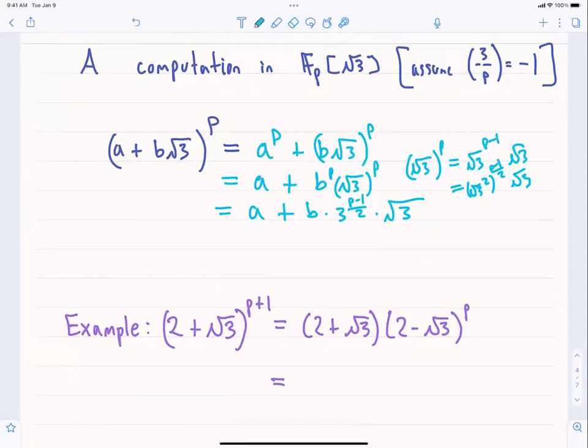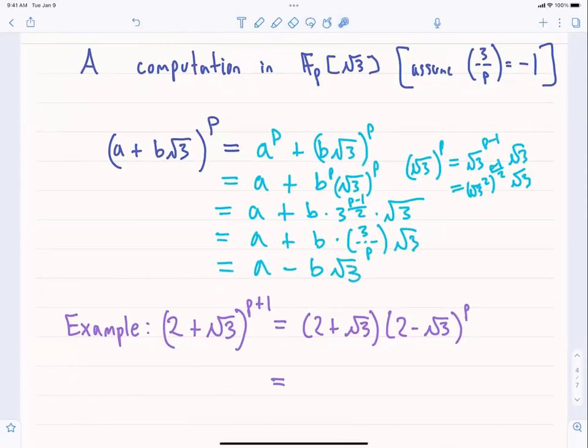Okay, and then that's just a plus b times, well, 3 to the p minus 1 over 2 is the Legendre symbol of 3 over p. And that, in the end, gives me just minus 1. So this is a minus b square root of 3.